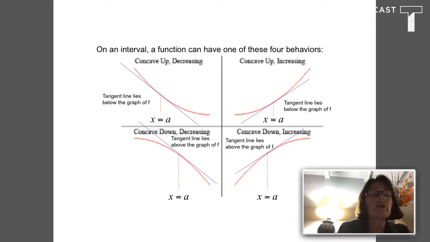That means for functions that are concave up, the tangent line approximation is an underestimate, because we're going to use values on this blue line to predict the function value, but all of those blue line values are actually underneath the red curve. So for functions that are concave up, the tangent line approximation is an underestimate. Similarly, for functions that are concave down, the tangent line approximation, or the linearization, is an overestimate.